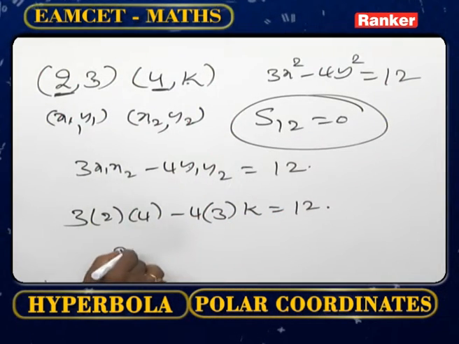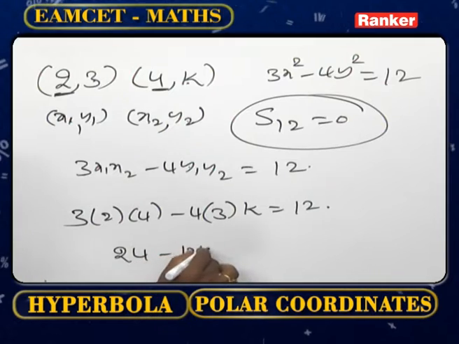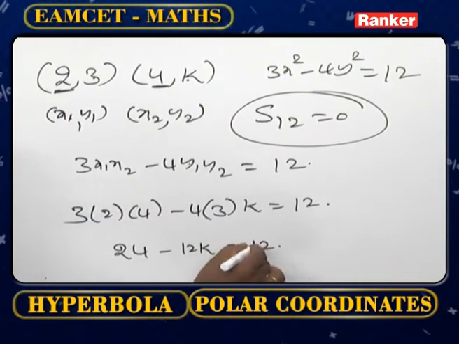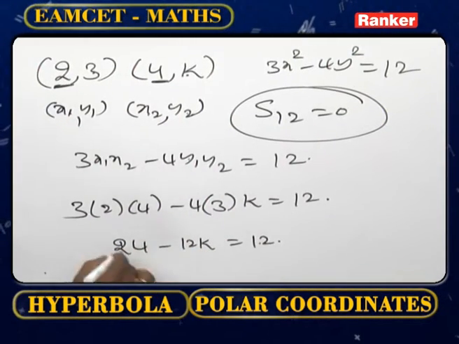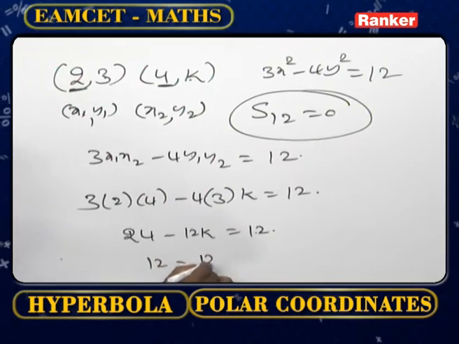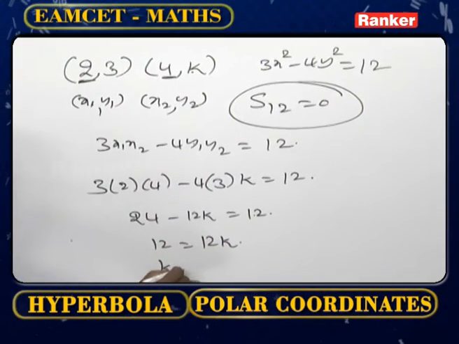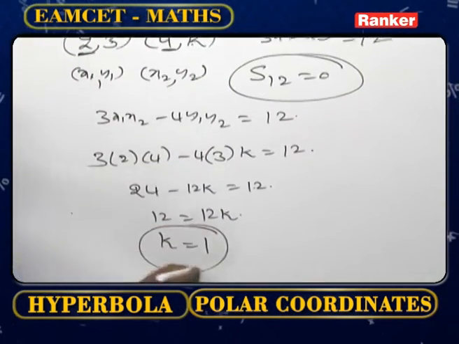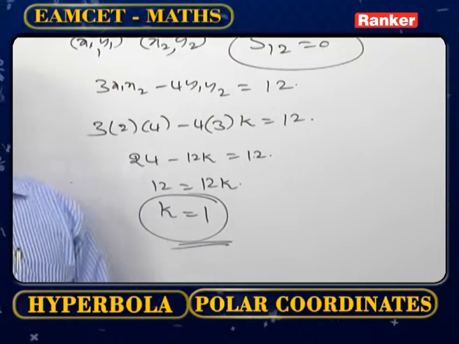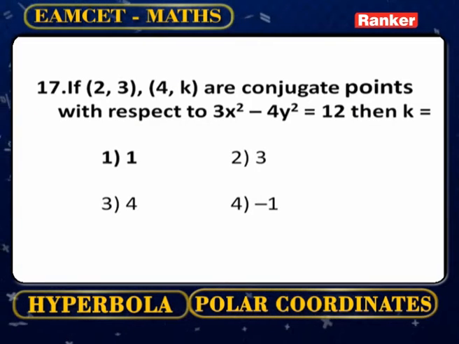Now, 24 minus 12k equals to 12. Taking 12 to the left side, 24 minus 12 equals to 12k. Then k equals to 1. The value of k equals to 1. First option is correct.